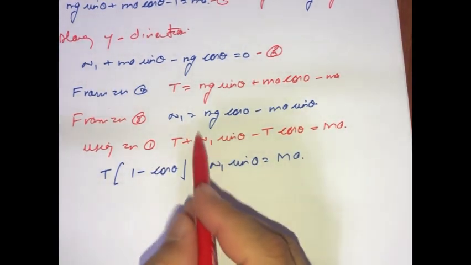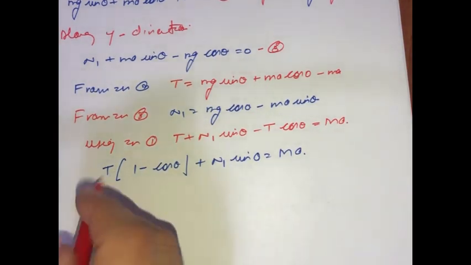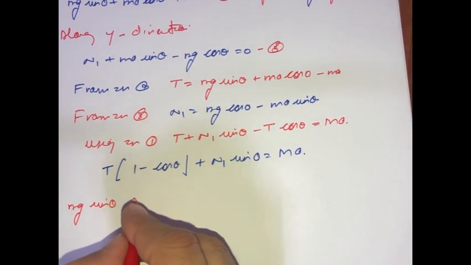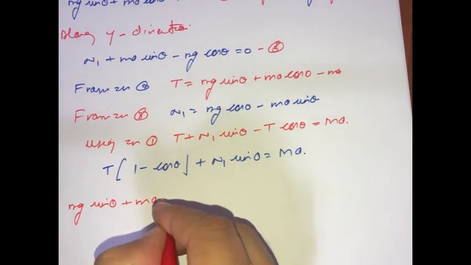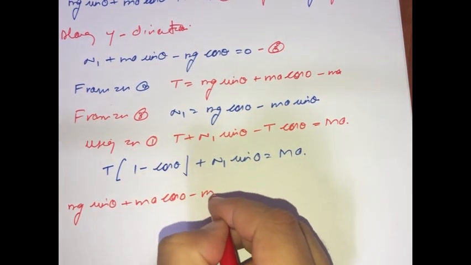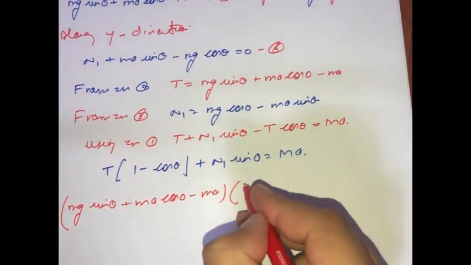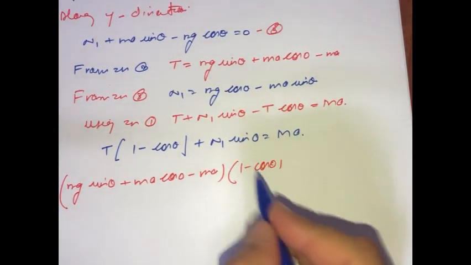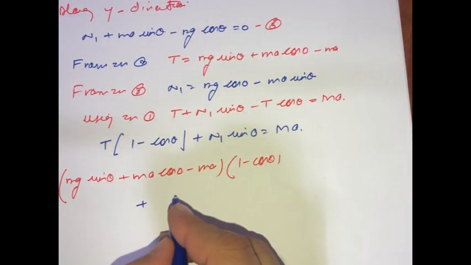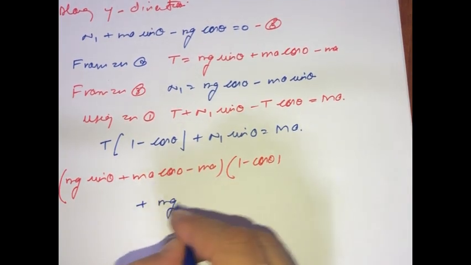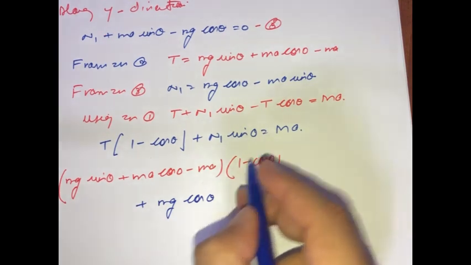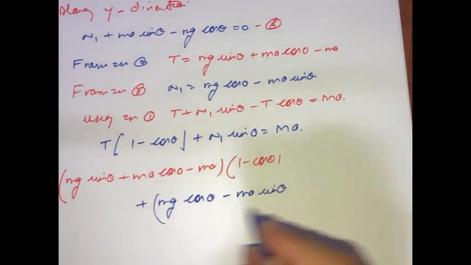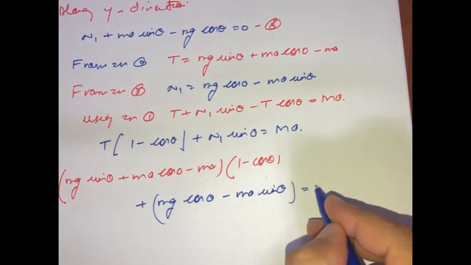Now we put the value of T as well as N1. T was equal to mg sin theta plus ma cos theta minus ma, and this is 1 minus cos theta. We have plus, now we put the value of N1. N1 was mg cos theta minus ma sin theta is equal to ma.